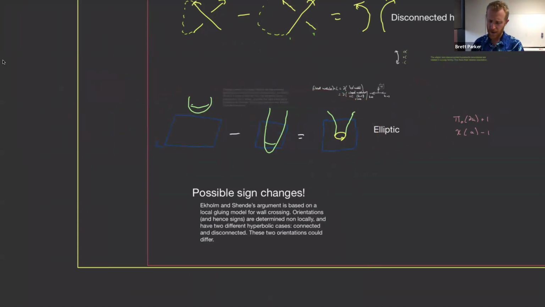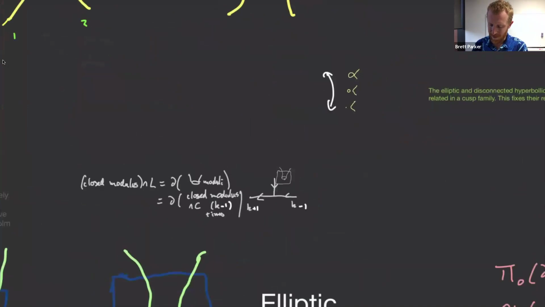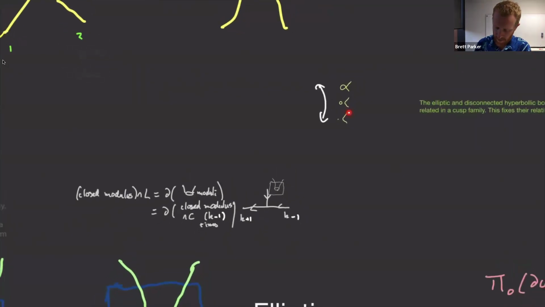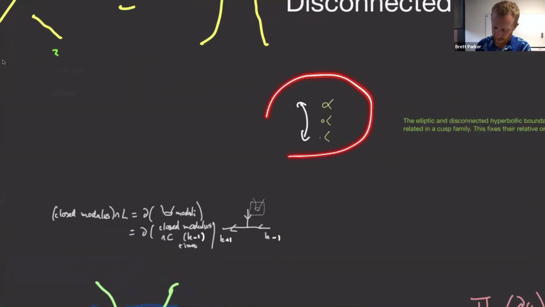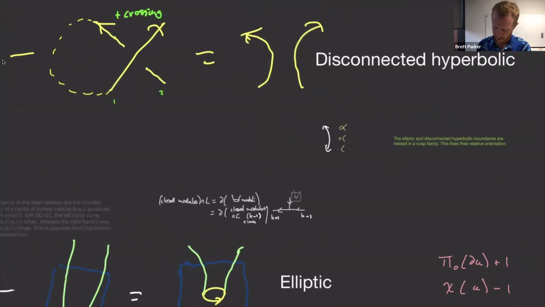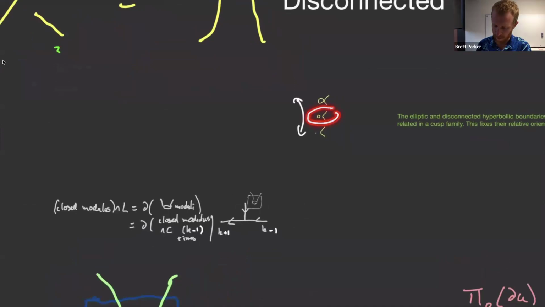Okay, and the disconnected hyperbolic and elliptic Skein relation, the signs of those are fixed relative to each other, because you've got a cusp family of curves where on this end, that's an elliptic singularity, and on this end, it's a disconnected hyperbolic singularity. Yeah, because it's disconnected hyperbolic, when we resolve it, we get these two things.